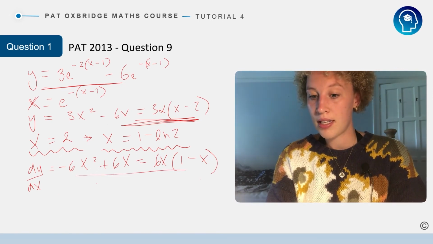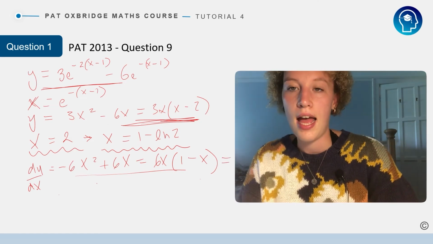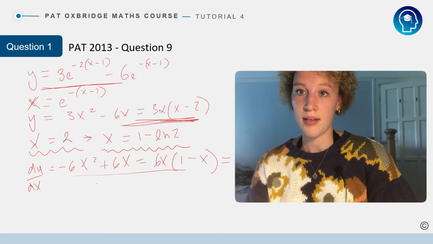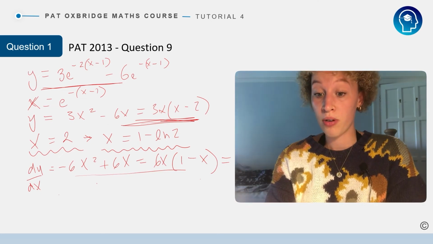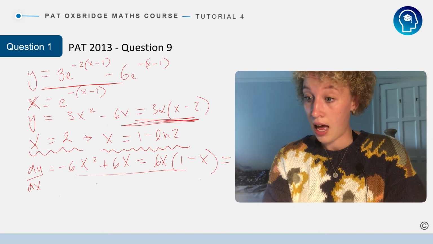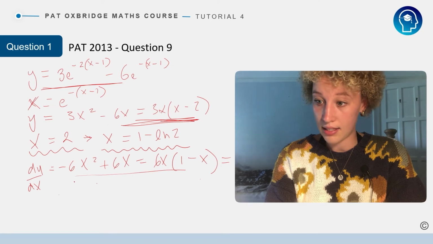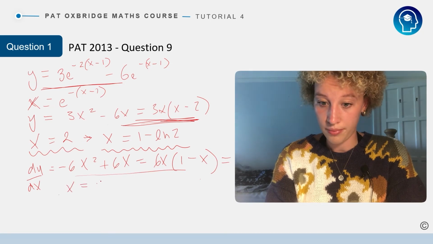And if we set this equal to 0, because we're trying to find a maxima or minima, and we know that the derivative is going to be 0 at a maxima or minima, and then we rearrange to find X, and therefore there will be a turning point when X is equal to 1.